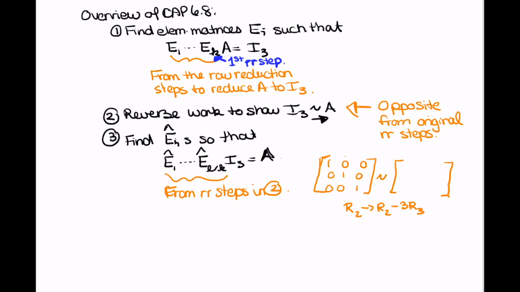So I know that the first row and the third row are going to stay the same. And then the second row is going to be 0, 1, negative 3.